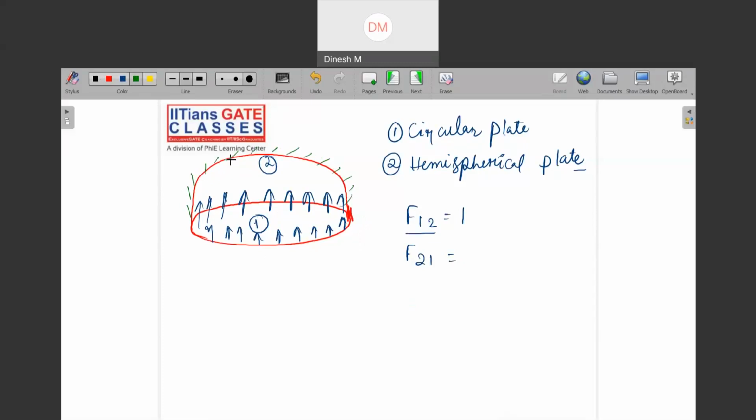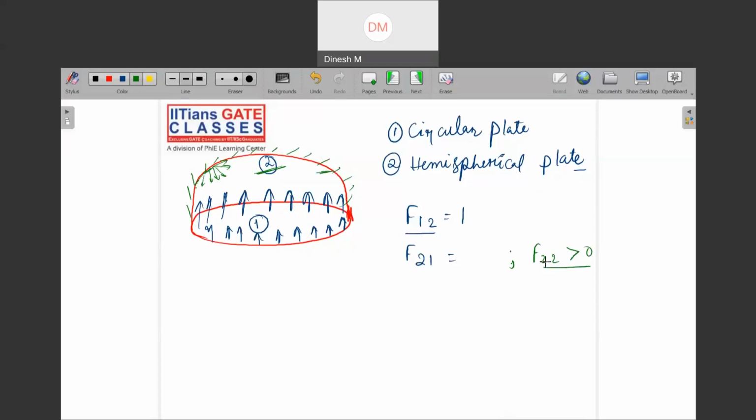These are the interior surfaces which are emitting radiation. If I talk about this point, it is emitting radiation in these directions. So there are chances that something leaving surface 2 will reach surface 2 again. So I can see that F22 is greater than 0.